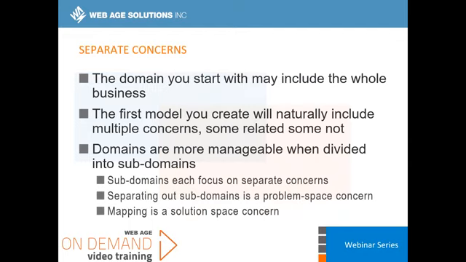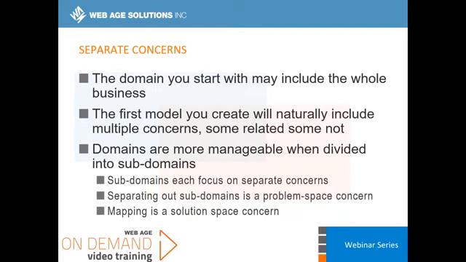This is still a problem space activity, so a subdomain should focus on a problem space concern. That is something that the subject matter experts, the domain experts, the business users, wherever you are in your organization, separating out those subdomains is definitely a problem space concern.